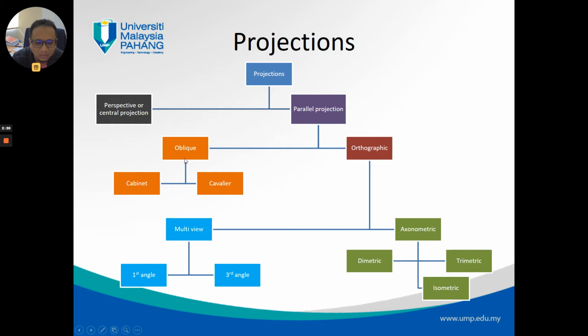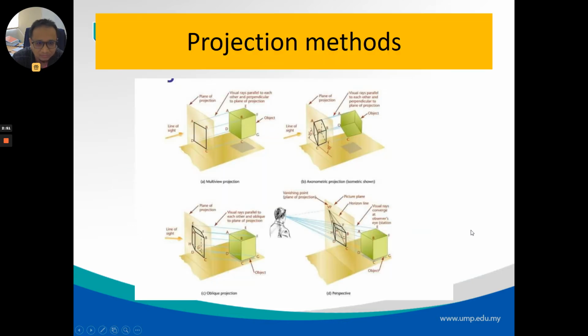The other one is the oblique, which is focused on the cabinet projection and the cavalier projection. This one we will talk about later on. Today we're just going to talk about the axonometric, which is the isometric projection, diametric projection, and trimetric projection. Another one is called the auxiliary projection.